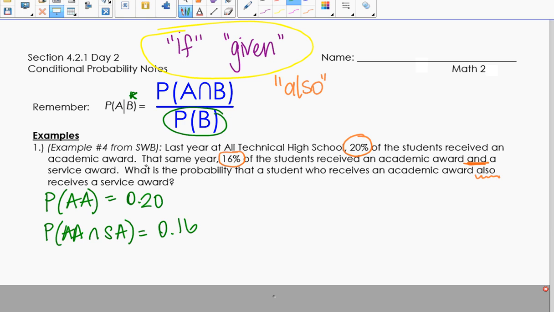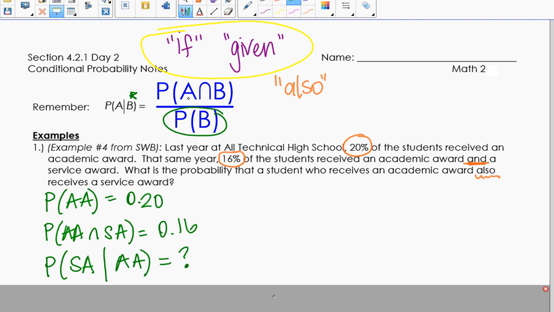Okay. Now the question at hand is, what is the probability that a student who receives an academic award also receives a service award? We want to know the probability of a service award if, or given, or also, we know that the student received an academic award. So there's your conditional probability, and that's what we're looking for.